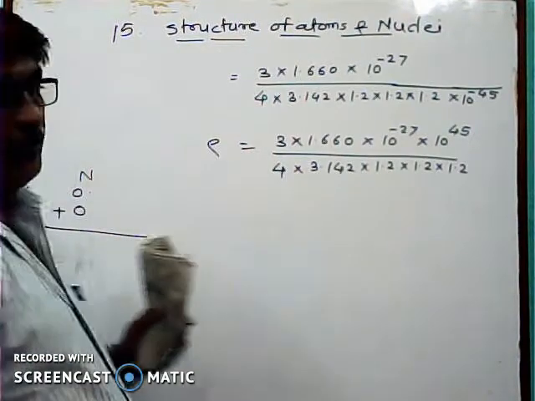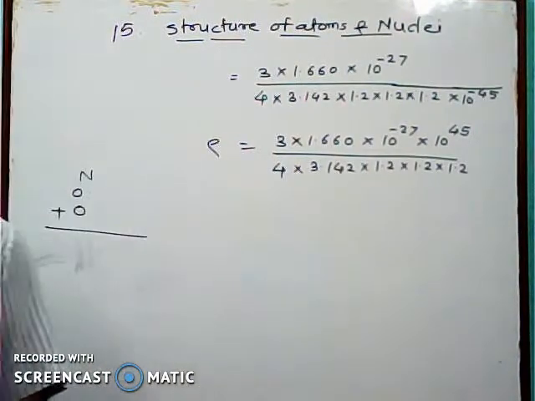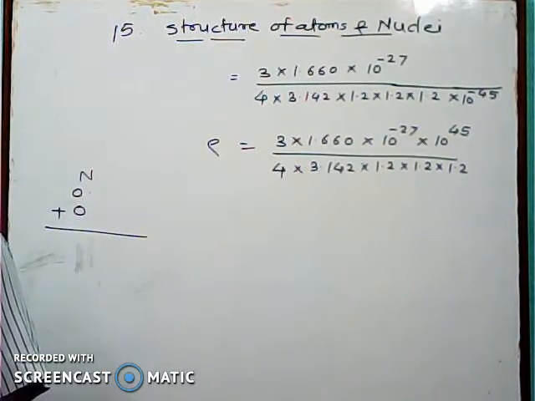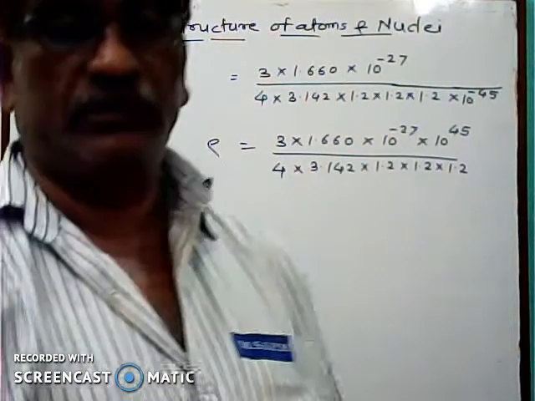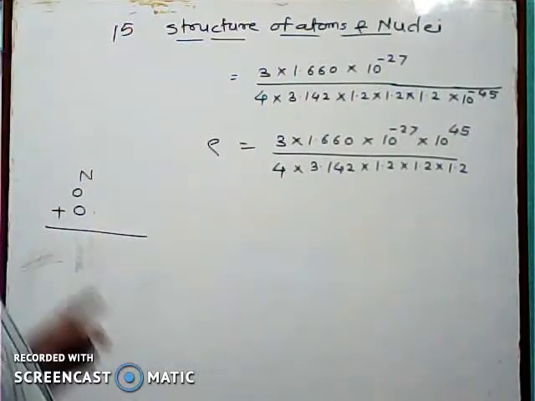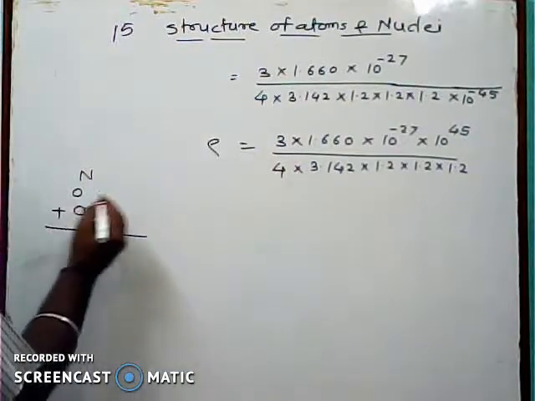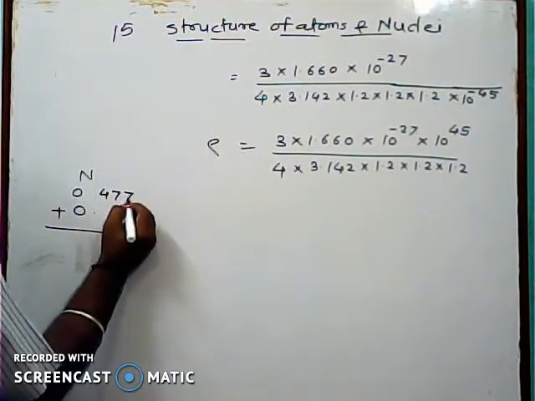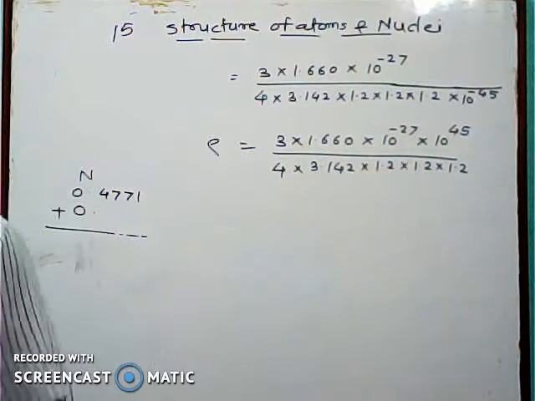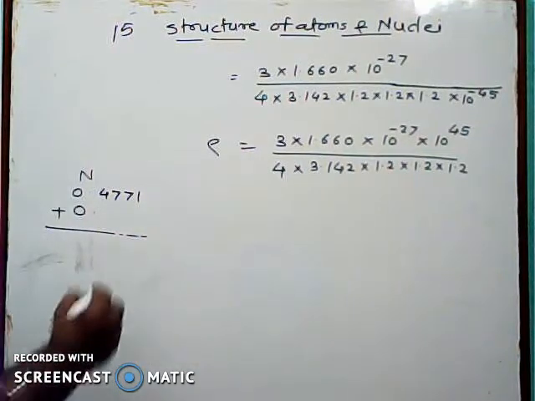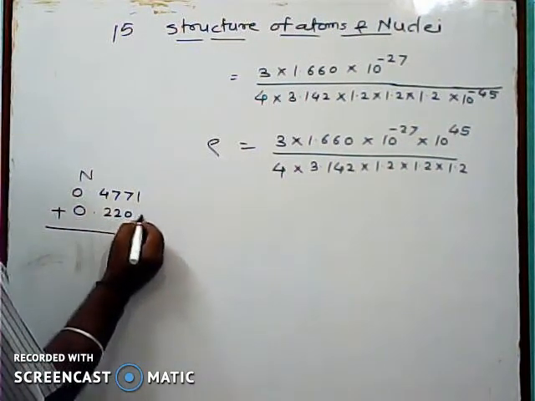In logarithm, the logarithm of 30 will be 4771, and the logarithm of 1.66 will be 0.2201.